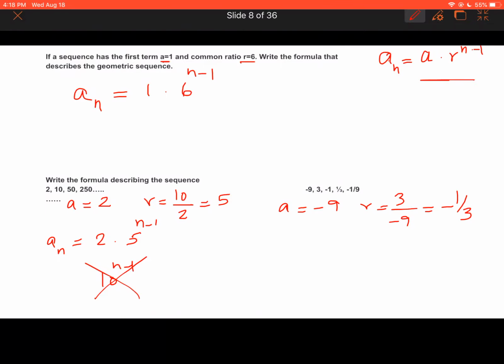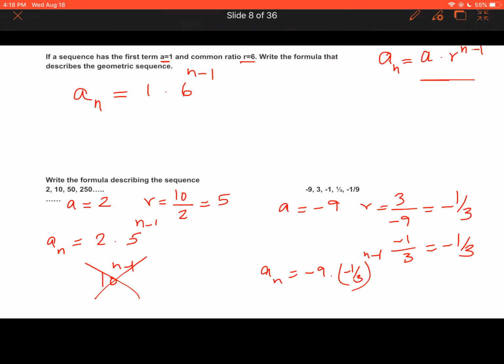Some people may ask why we always take the first two terms. We can also take the third and the second one, and the ratio will be the same because it is a geometric sequence. Once we know the values, we substitute in the equation, writing the general formula.